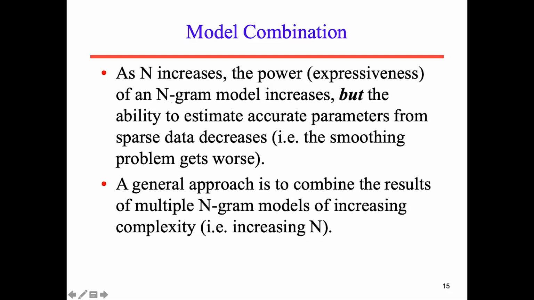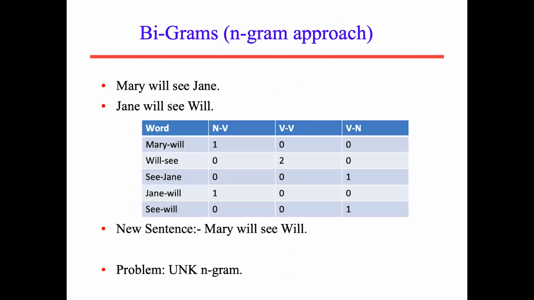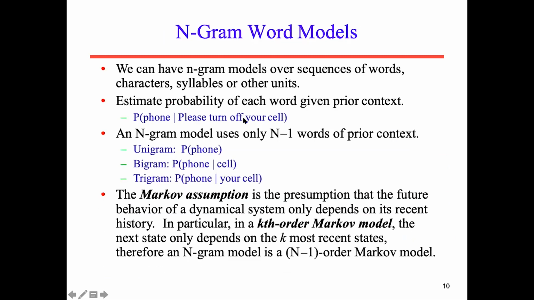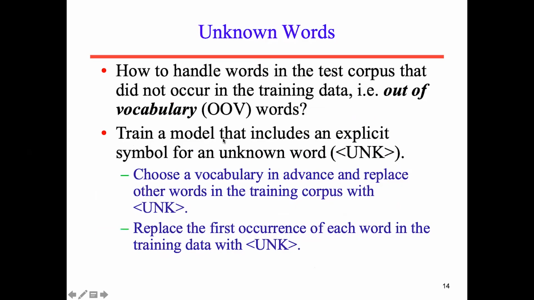Okay, great. So now what happens is, as n increases, if I go back to my slide of n-gram word models, I see that a unigram, or the probability of "phone" being a word in this current space of things, might not be as high in isolation. But if I use a 6-gram approach, which will be "please turn off your cell phone", I'll be able to get the probability of a phone being accurately in place over here rather than just in isolation.